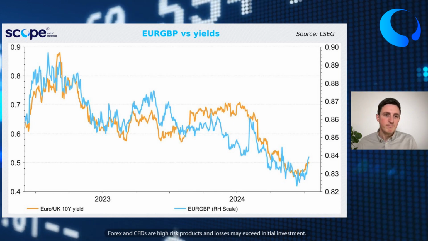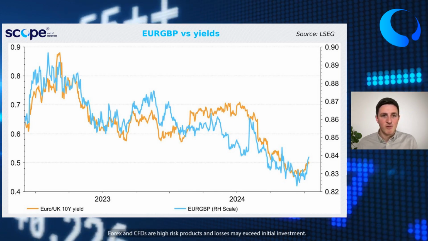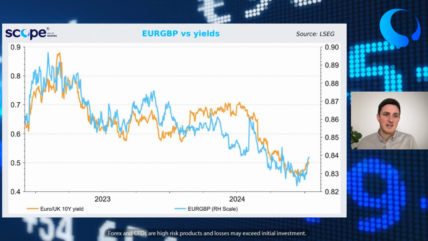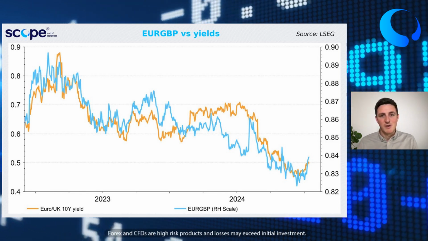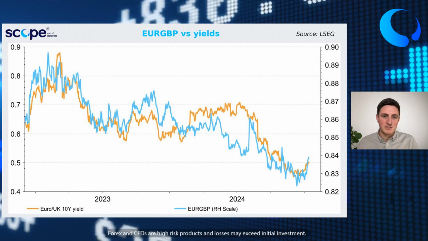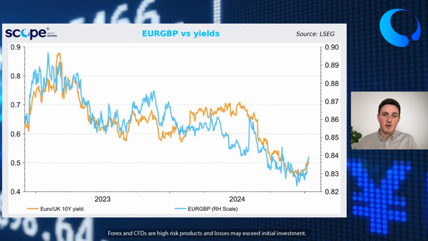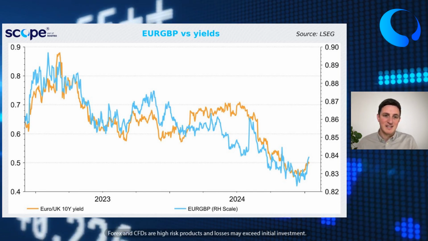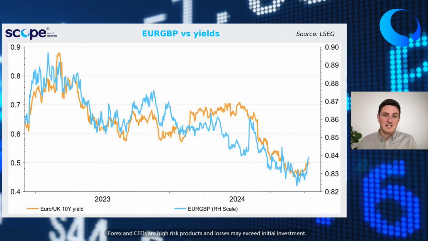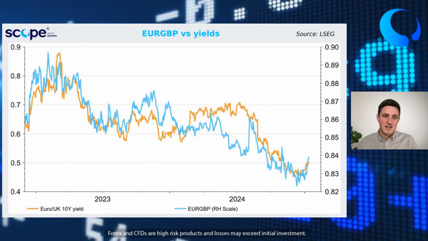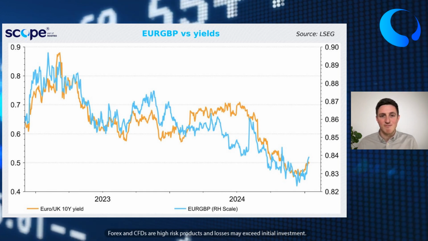Now, the rise we've been seeing of late for the likes of euro sterling comes alongside the euro 10-year yield versus the UK 10-year yield. So we have been seeing this pop towards the upside, which is reflected in both the bond markets and the FX markets. And so, of course, we want to know whether we're going to see further upside in terms of that ratio between the yields, or whether we're going to see that rolling over.